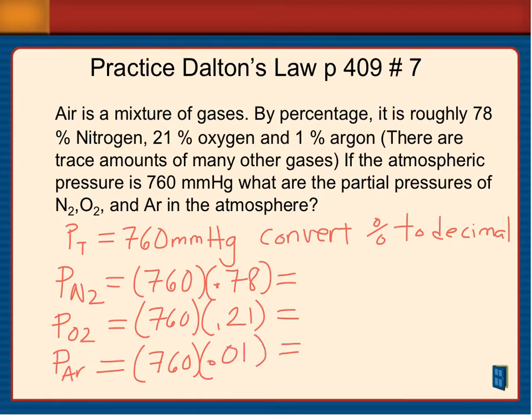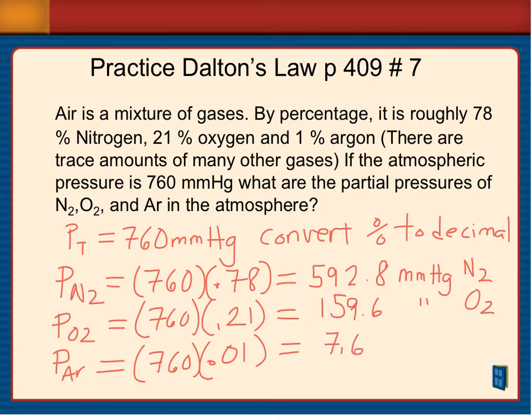Once we've laid out the equations, now we just have to do the math. The partial pressure of nitrogen comes out to be 592.8 millimeters of mercury. The partial pressure of oxygen comes out to be 159.6 millimeters of mercury.